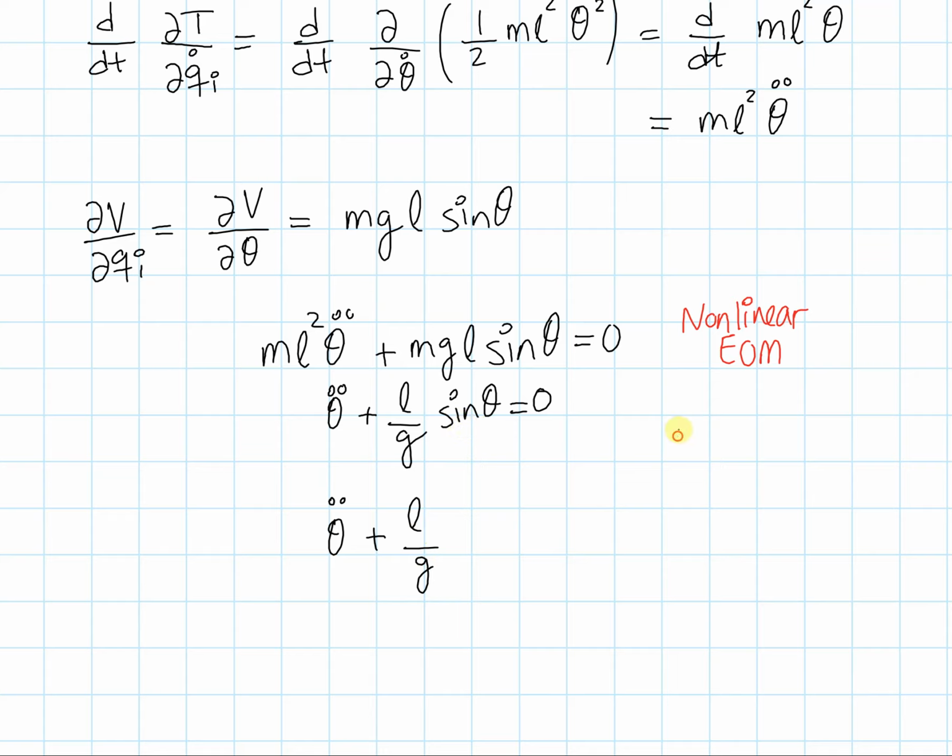When theta is really small, theta is almost 0, or actually quite small, sine theta is equal to theta. And that's how we can linearize this equation of motion. So this is equal to 0, and we call this the linear EOM.